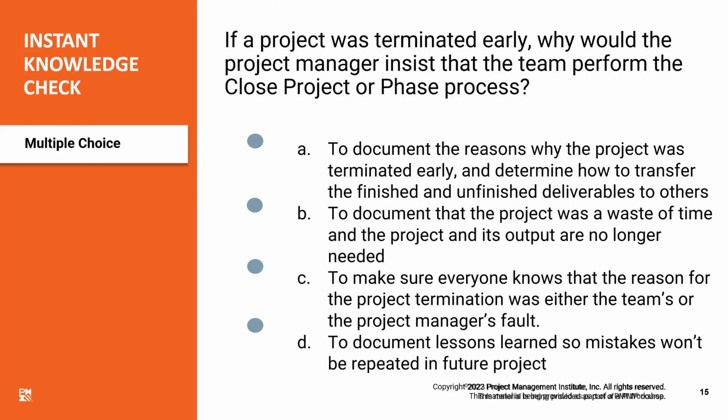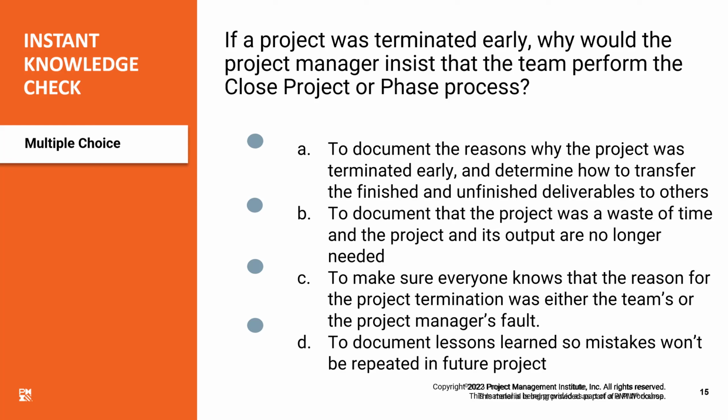At the moment you get a termination order, you have to conduct the close project process there and then. So why would the project manager insist that the team perform close project or phase? To document the reason why the project was terminated early and determine how to transfer the finished and unfinished deliverables to others.